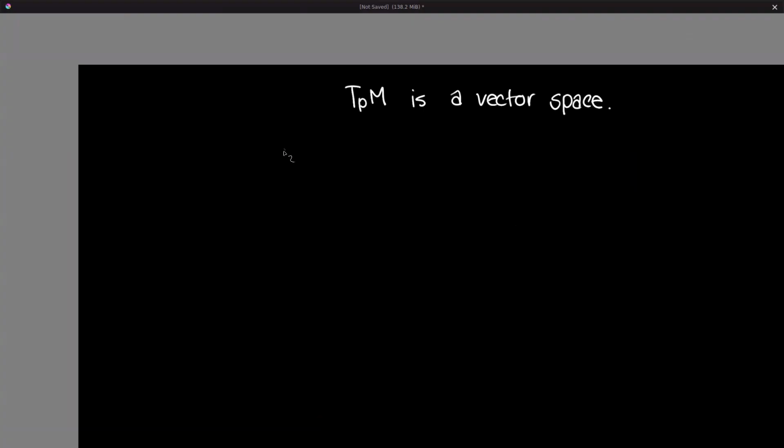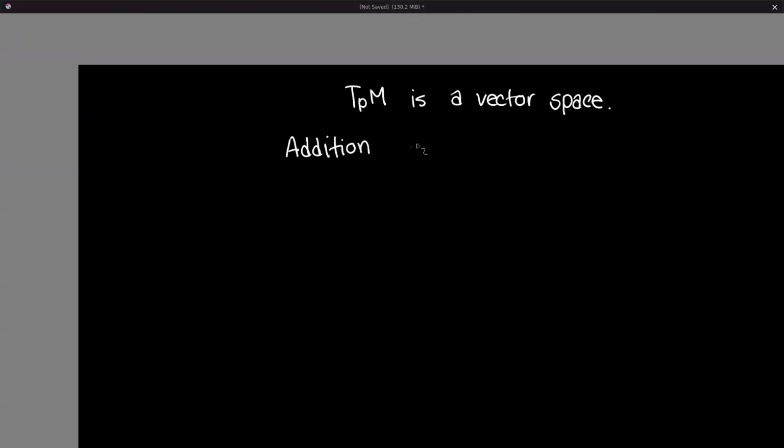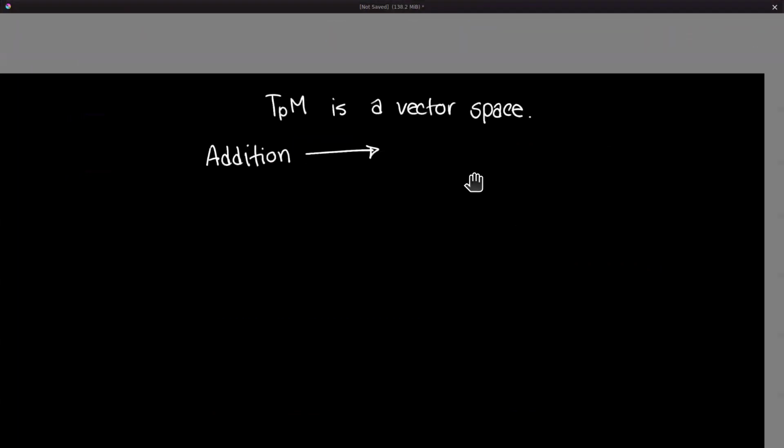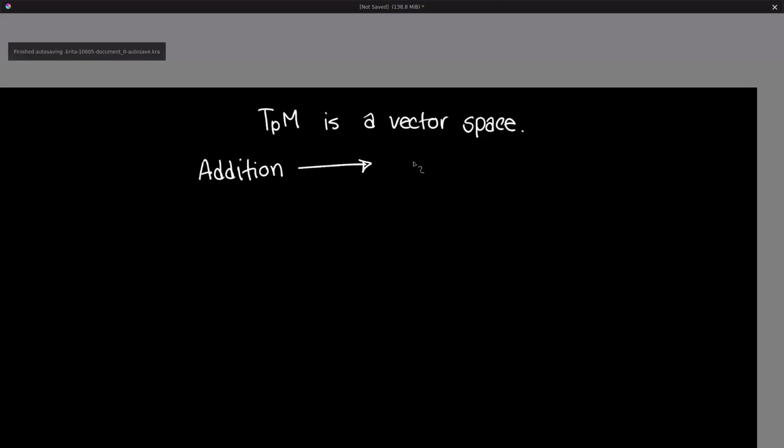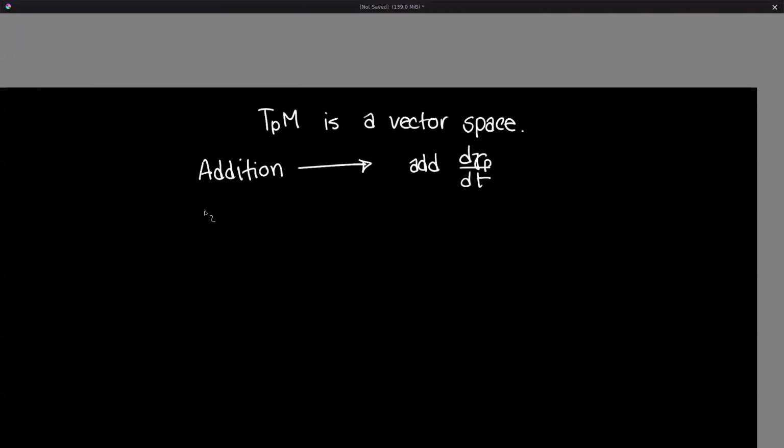So we need a notion of addition. I'm going to go over this really quickly. We add the velocity vectors, right? We add the d gamma p dt's, and we use the addition that's defined on the derivatives in order to define addition. We can define scalar multiplication very similarly.